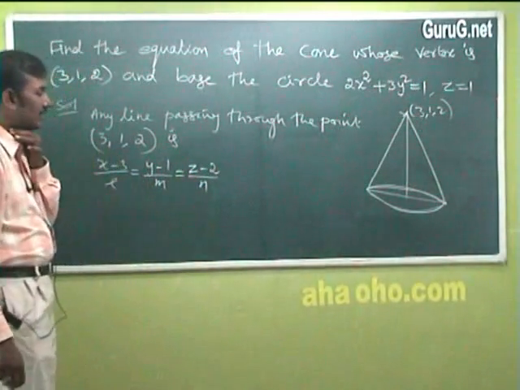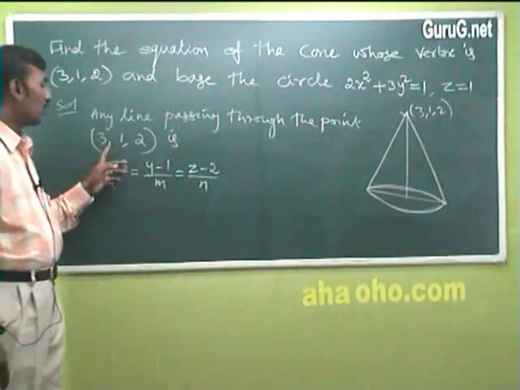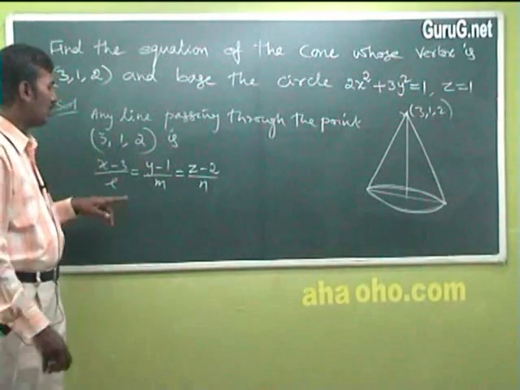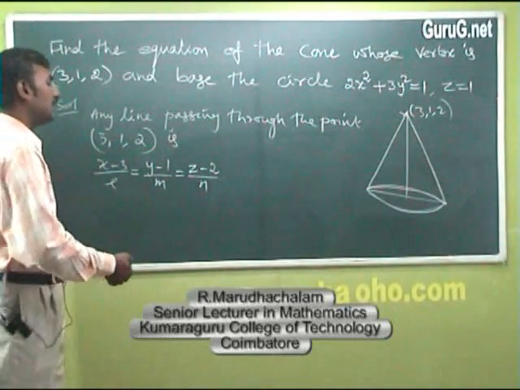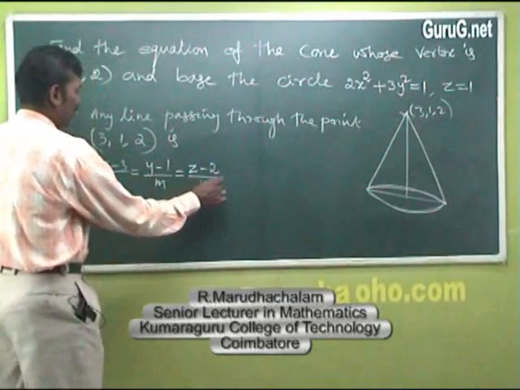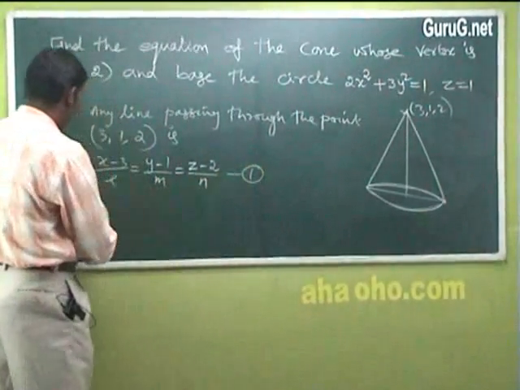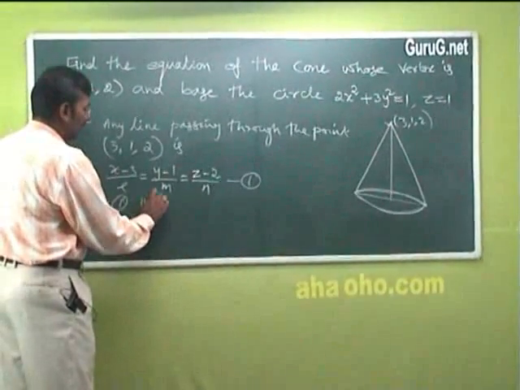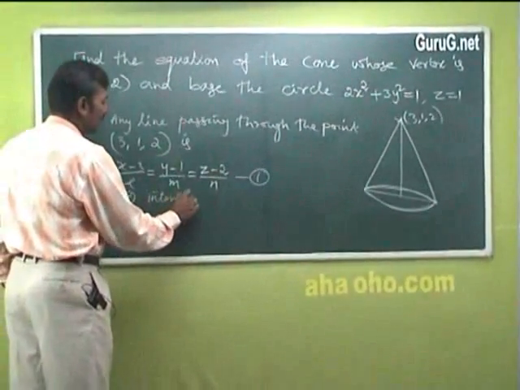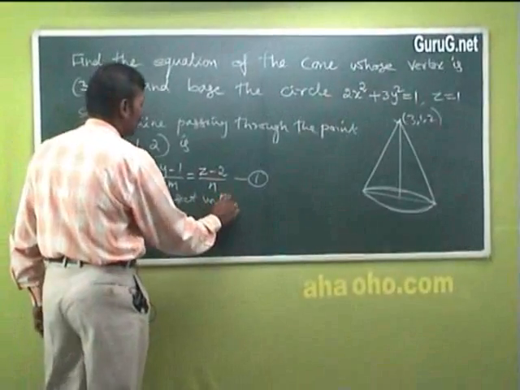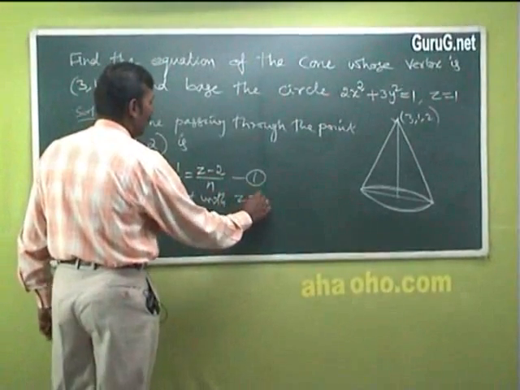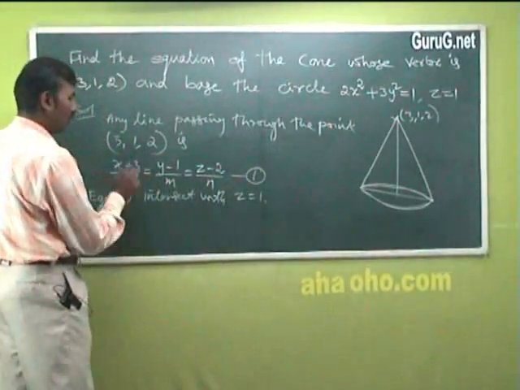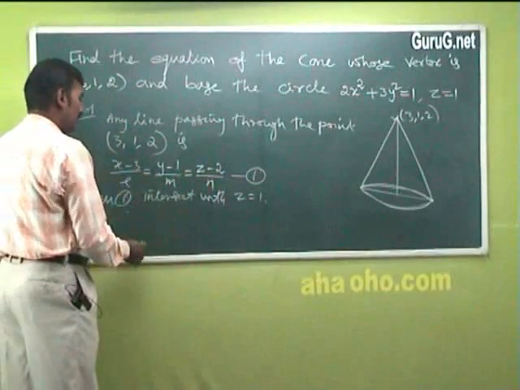So this is an equation of any line passing through the point (3, 1, 2), right? So this line intersects with z equal to 1, right? So equation 1 intersects with z equal to 1.